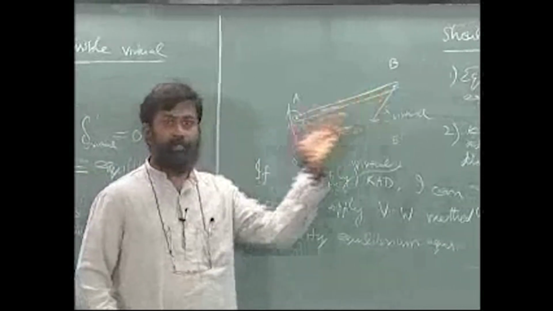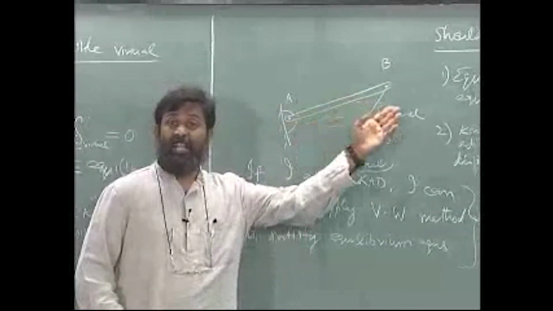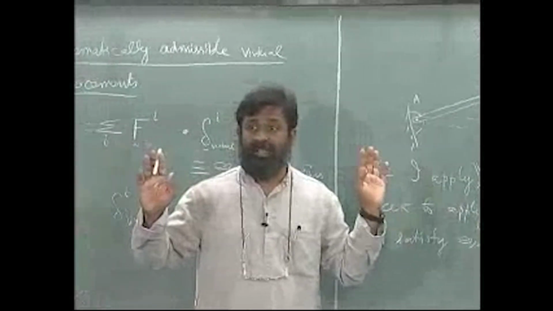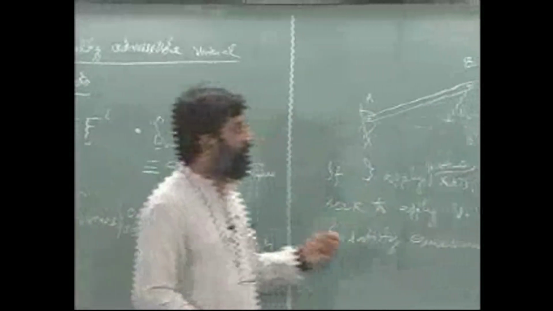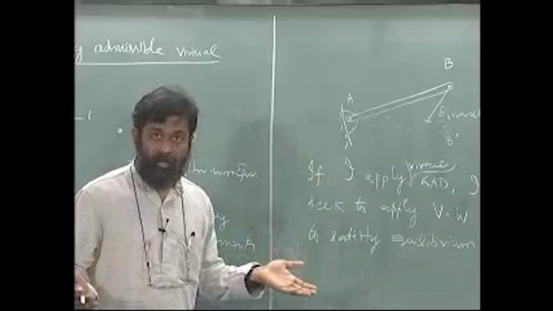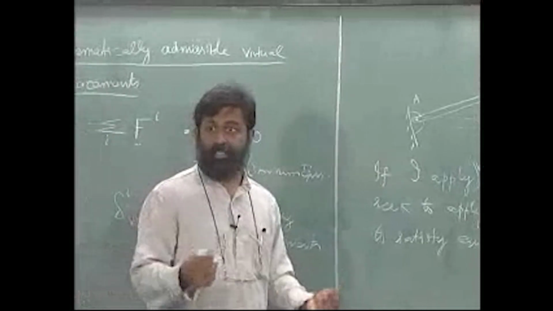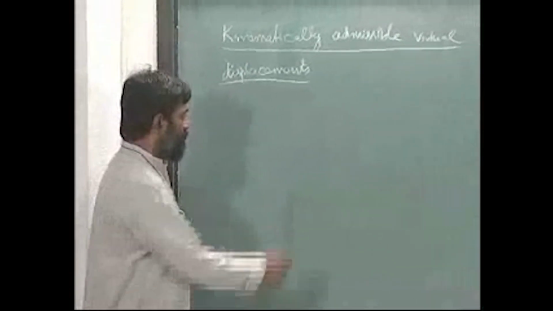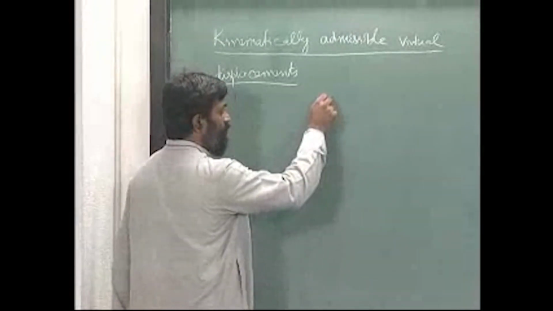It should be admissible to the assumption that I have made, which is that the bodies that are linked together are rigid. Let me give you a couple more examples of what are kinematically admissible displacements so that it is clear to you. Let us take the system that we were looking at. This is a system like this.